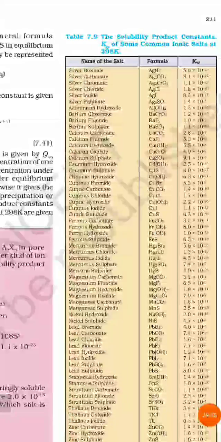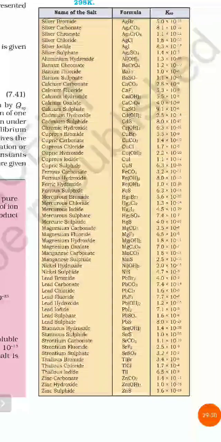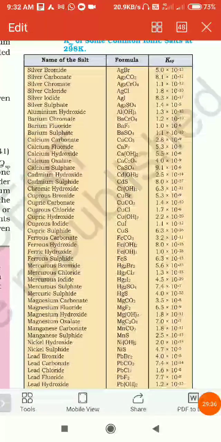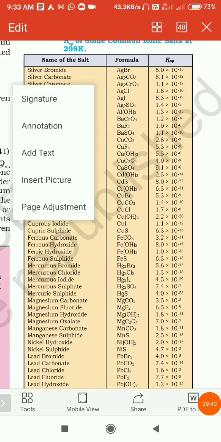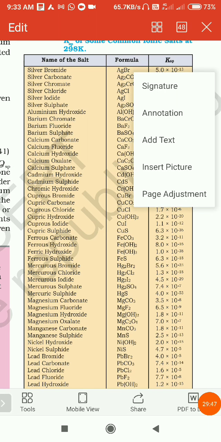Next one, see this, it is very important. Already I told you yesterday, these formulas are all very useful for you, even in 12th standard or if you are going for some other purpose, they are very important in chemistry. The salt is given, the formula is given, and the solubility product is given, at what temperature and equilibrium state solubility takes place.